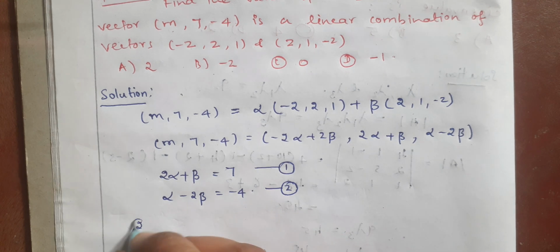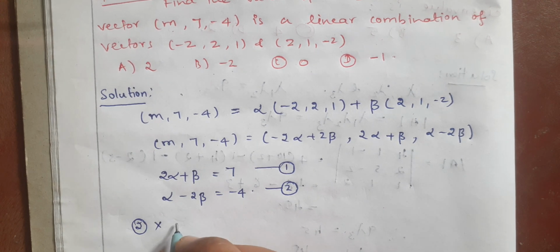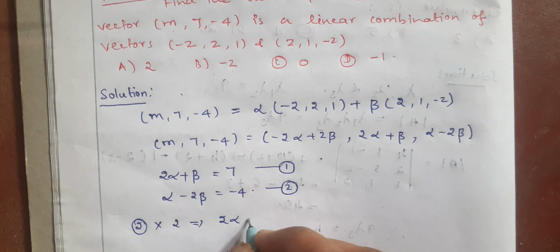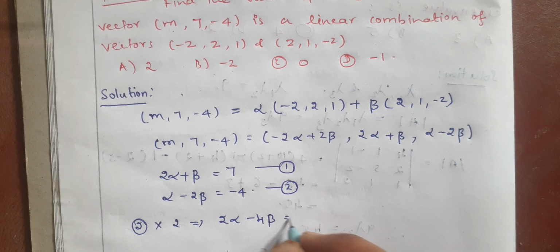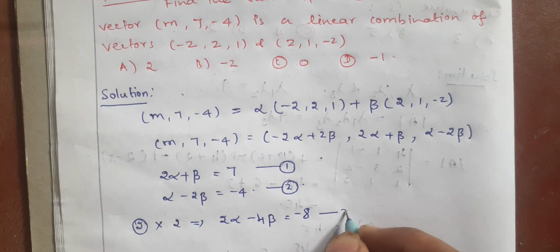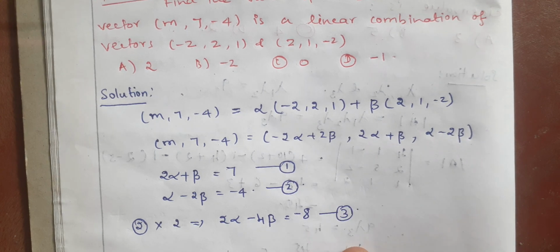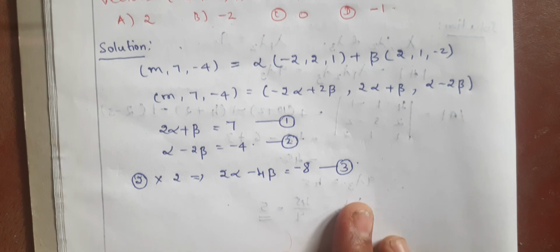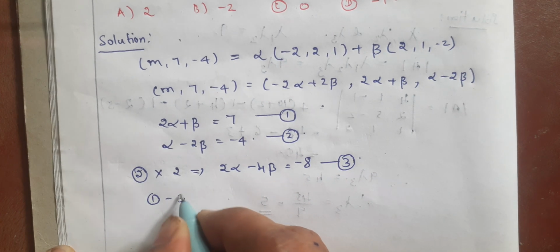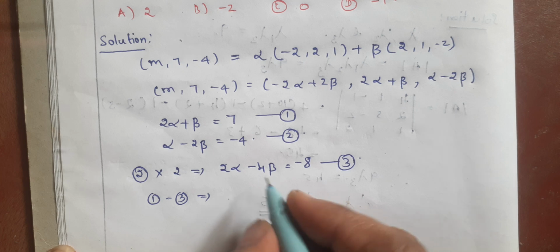Equation 2 into 2, we get 2 alpha minus 4 beta is equal to -8. I will call this equation number 3. Now equation 1 minus equation 3.